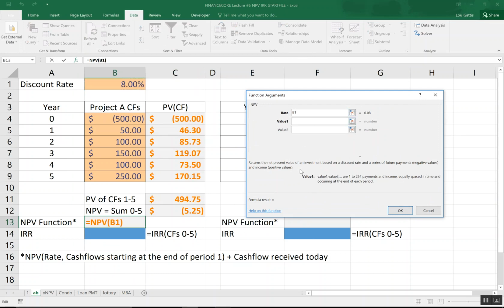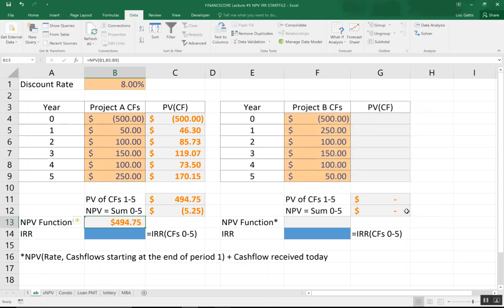Now notice there's an odd thing going on here with the NPV. The NPV function in Excel, the first value, value 1, is the cash flow received at the end of the first period. So in other words, we actually can't put the initial cash flow in there. What we need to do is put in the future cash flows, not discounted cash flows. And that is the Excel function for NPV.